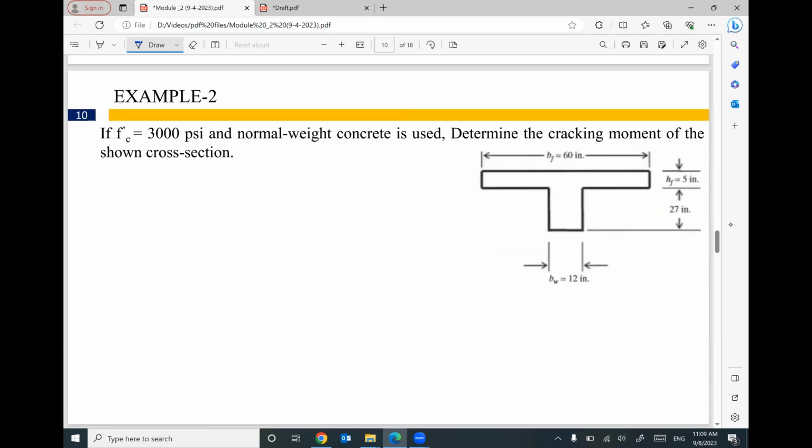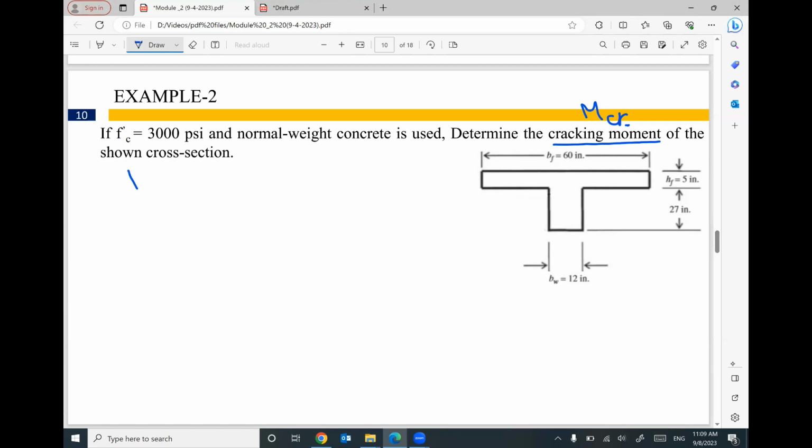In this example, we are given a cross section that looks like a T section, not a rectangle, and we would like to figure out the value of M crack. What is the value of the cracking moment? Okay.